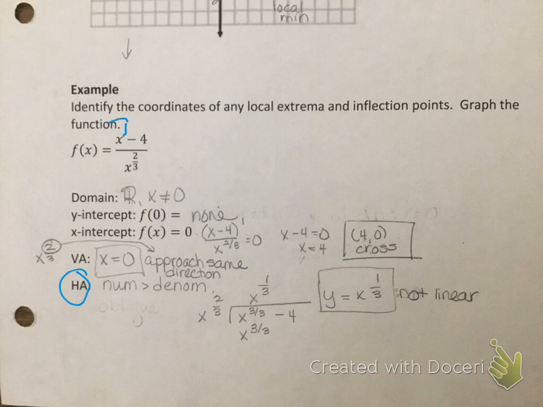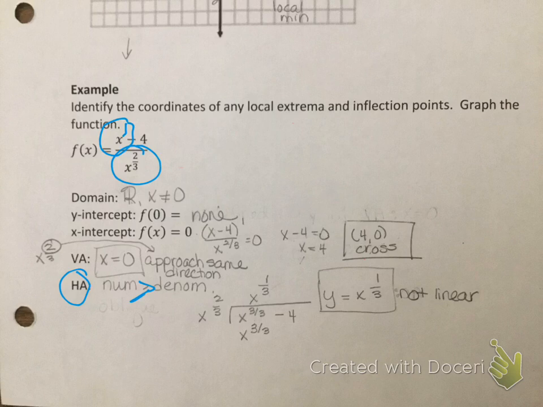The degree of the denominator is 2/3. The degree of the numerator is greater than the degree of the denominator. So therefore, I know that my asymptote is not going to be an oblique line because the degrees are not different by 1. They're different by, I can tell by looking, I don't know if you can, 1/3.